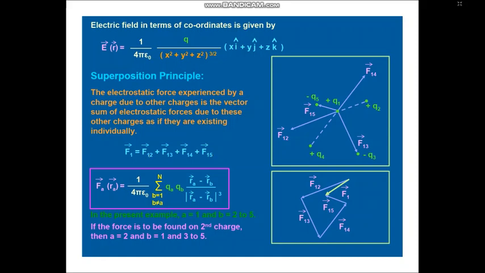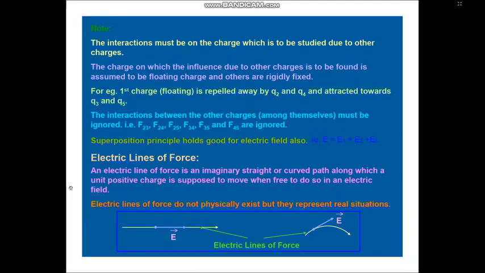The vector sum of all these individual forces gives the net force on Q1 due to all the charges. This simple principle is called superposition principle. The expression can also be written as this.